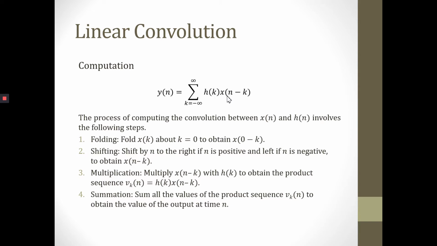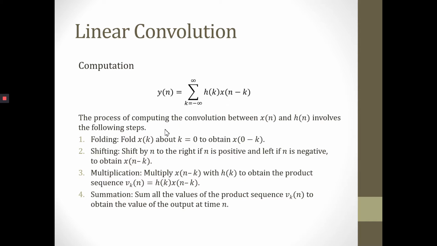If you use the other equation, the summation of h[n minus k] multiplied with x[n], meaning that we will shift the value of h. So in this case, we will shift the value of x signal.